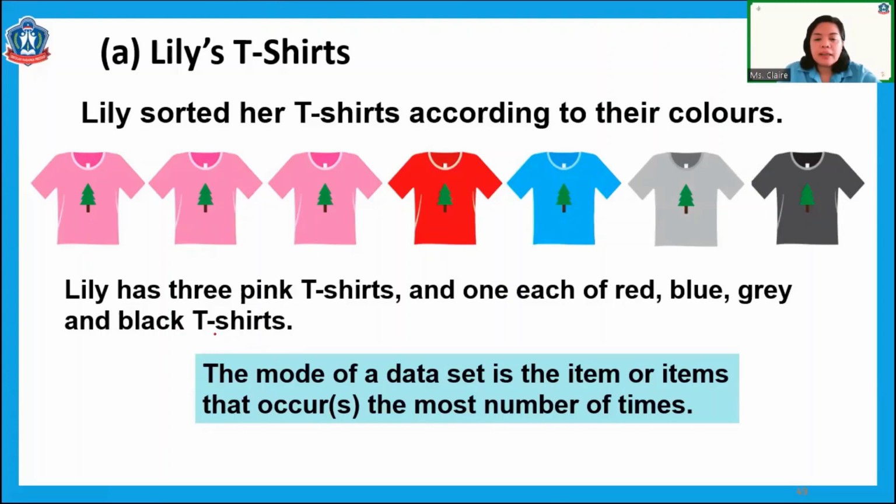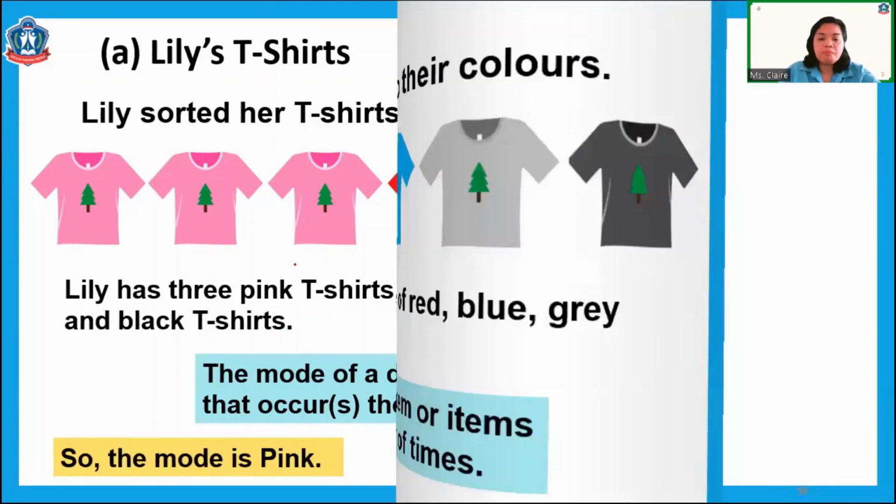The mode of a data set is the item or items that occur or appear the most number of times. The color that appears the most is pink, therefore the mode for these t-shirts is pink because it has the highest number of times that it appears.